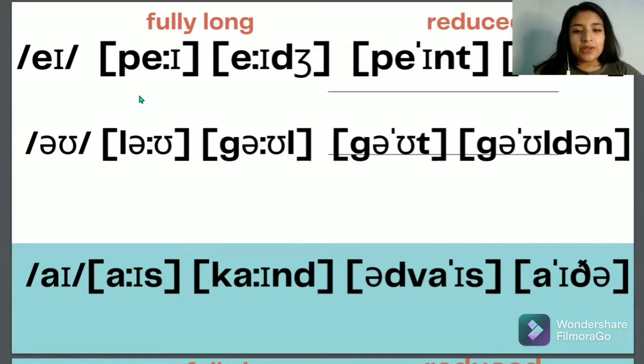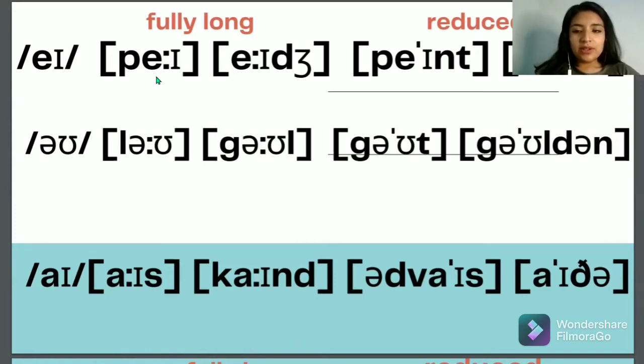In the case of the first example, I have the diphthong that sounds like A. This is narrow, front, and front closing. And we can see the following examples.